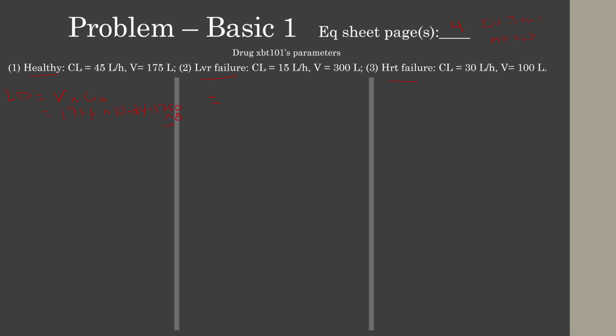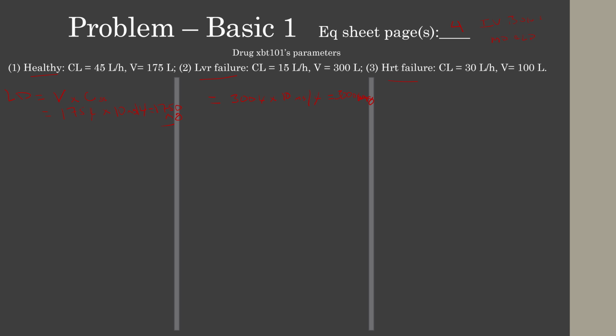If we do the same thing over here, we get 300 liters times 10 milligrams per liter. Those cross out, and that gives us 3,000 milligrams.